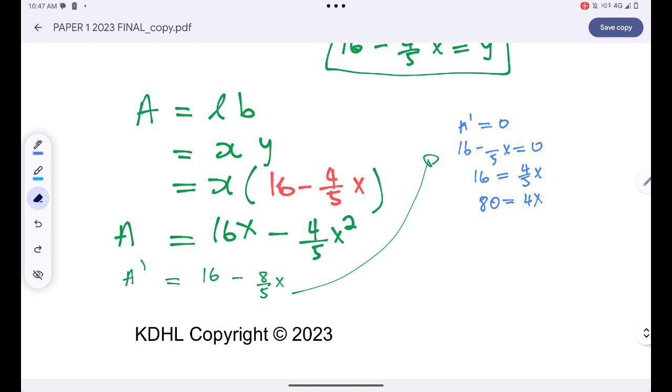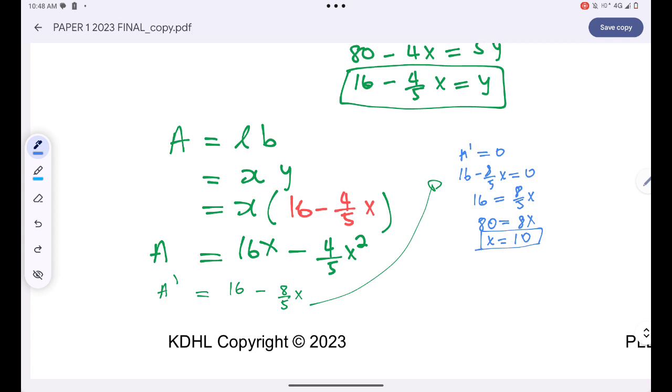I substituted my derivative incorrectly there. The derivative has an 8 there at the top now. Excuse me about that. There's an 8 there and another 8 there, and also an 8 as a coefficient of x. Okay, I can divide both sides by 8, and then x will simply be equal to 10. So now I've found the dimension of the length if I have a maximum area.